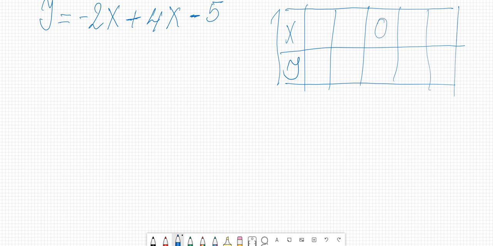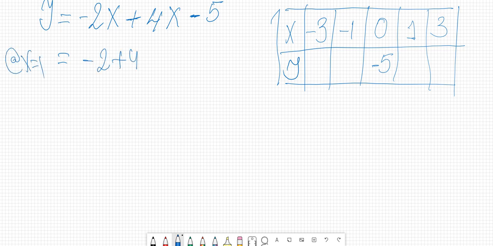So again, let us try to choose 5 points, x and y. If we use 0, so y is negative 5. Here 1, 3, negative 1, negative 3. So at x equal to 1, we will have negative 2 plus 4 minus 5, so negative 7 plus 4, y is equal to negative 3.